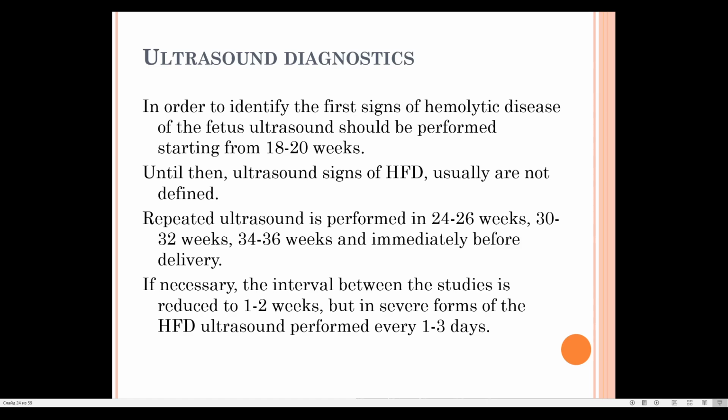Repeated ultrasound is performed at 24 to 26 weeks, next one at 30 to 32 weeks, next one at 34 to 36 weeks, and immediately before delivery. So usually we do it with a time interval of 2 to 4 weeks. But if necessary, the interval between the studies is reduced to 1 to 2 weeks, and in severe forms of hemolytic fetal disease, ultrasound is performed every 1 to 3 days.